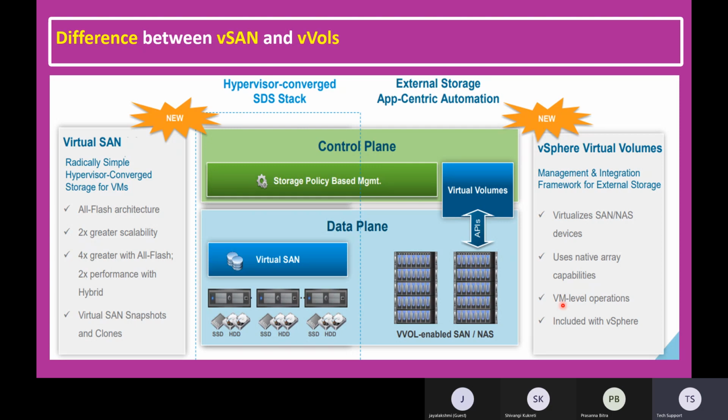It's not available on FC SAN, iSCSI SAN, and NAS storage, which are only predefined storage boxes. At a time, we can apply only one policy. Whenever the customer requests multiple storage profiles, different types of policies, that is possible only with virtual SAN and vVols. From this diagram, we observe the main differences between vSAN and virtual volumes.